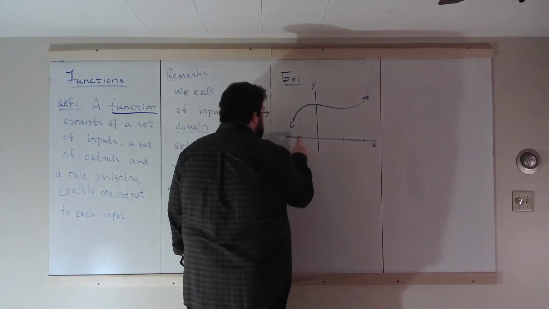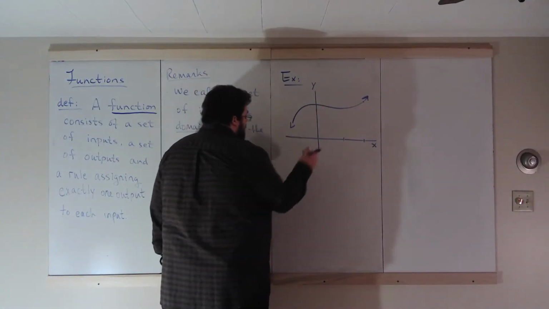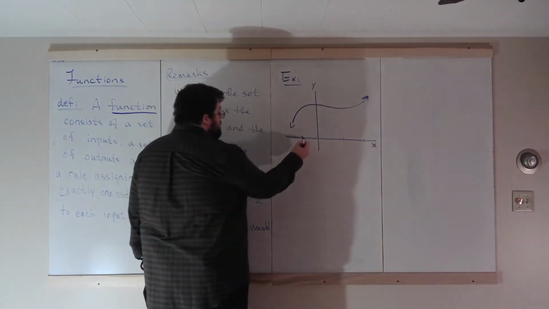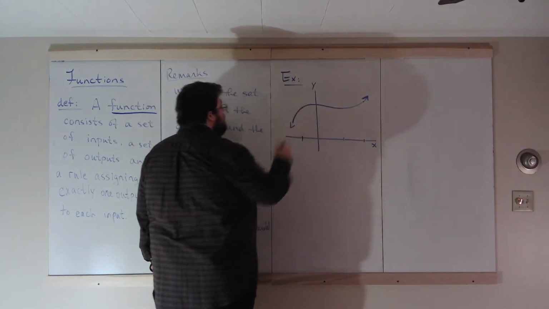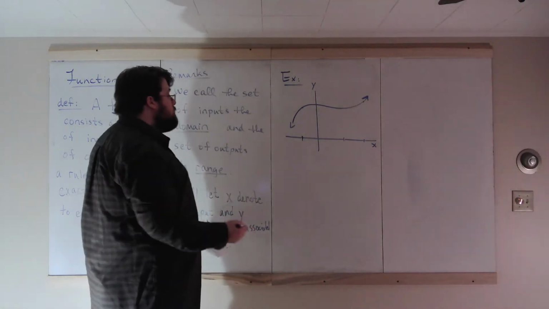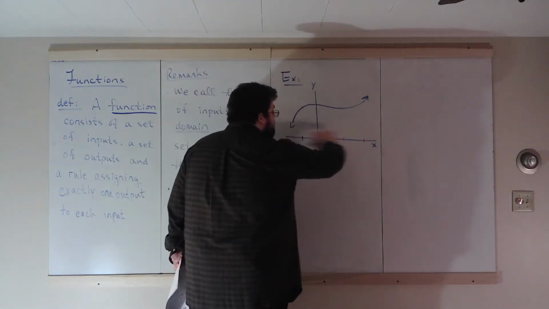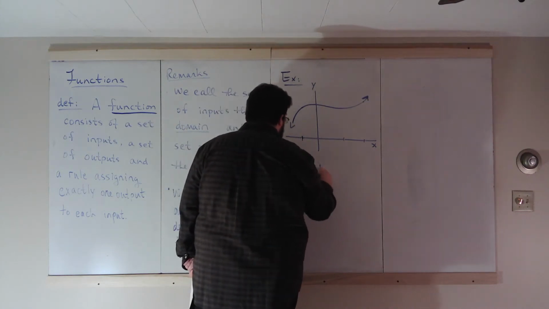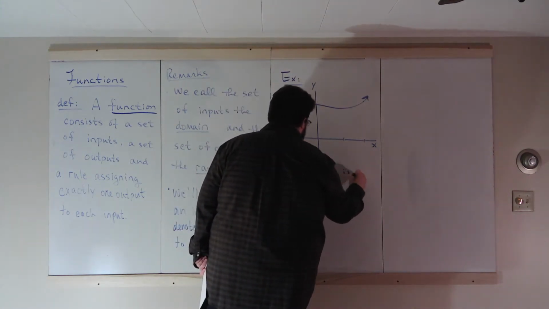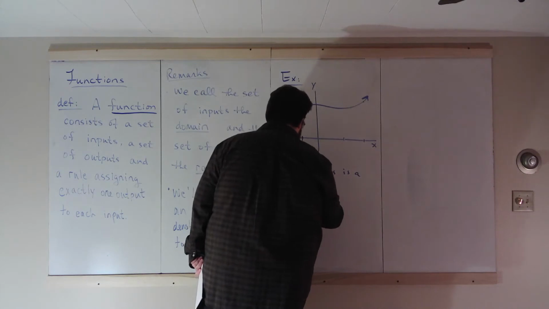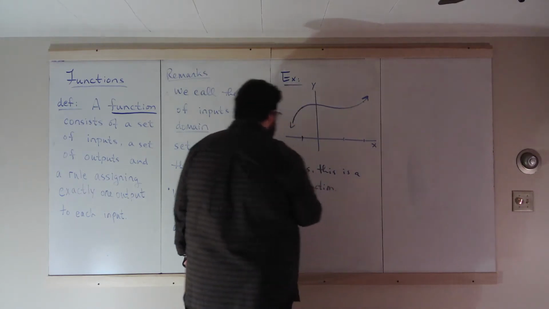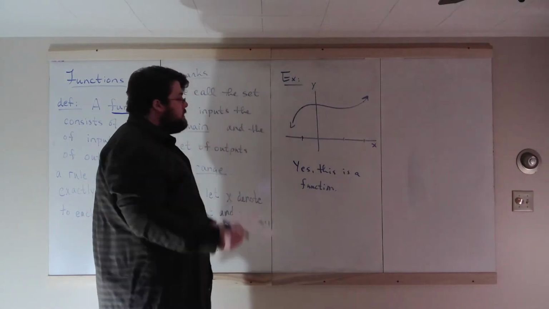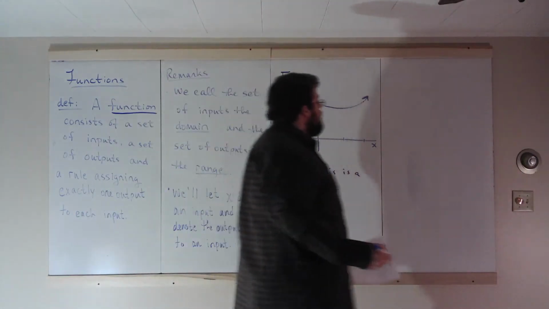Well, what if we go over here on the left side of the y-axis? Well, this is a given input, and again, there is only one output. And you can do that for any of these x values. So we'll say, yes, this is a function, because we have inputs, we have outputs, and each input has exactly one output.